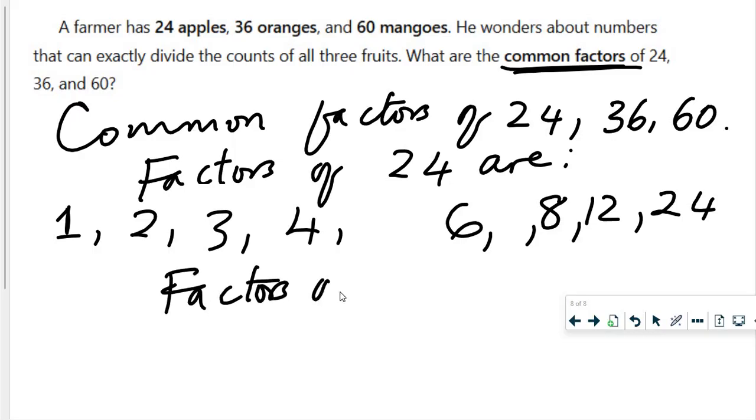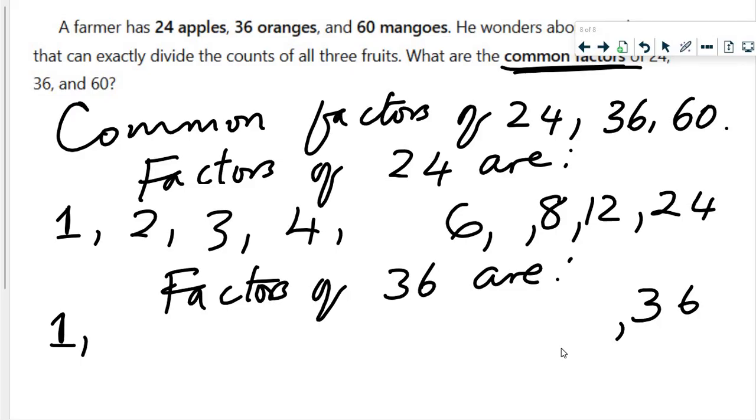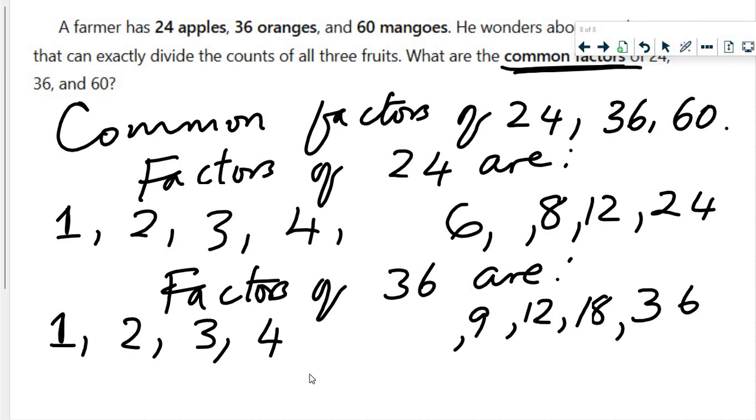Factors of 36 are, start with 1 and the number itself, 36. Go to 2, that is 18. Go to 3, 36 divided by 3, that is 12. Go to 4, 36 divided by 4, that is 9.